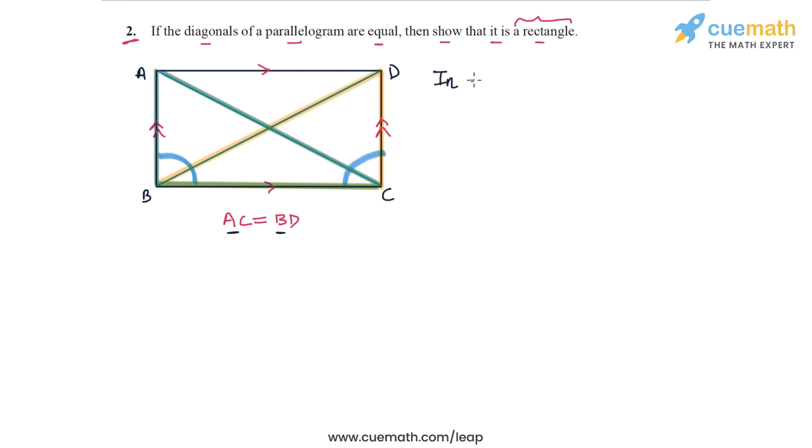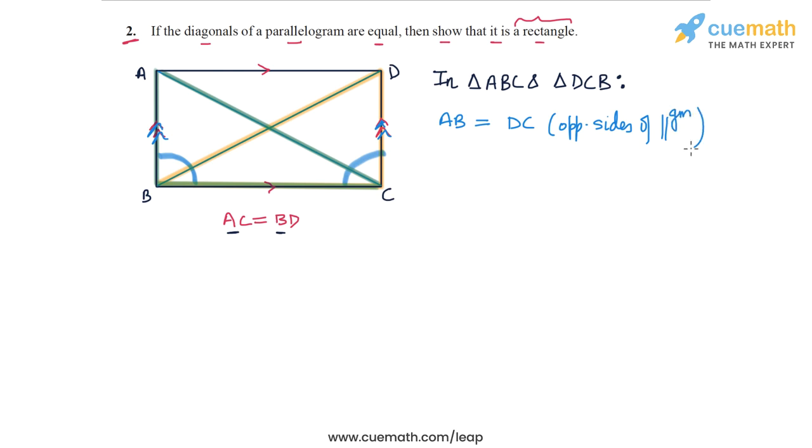So we are going to compare triangle ABC and triangle DCB, and we're going to try and prove that these two triangles are congruent. Okay, so in ABC, AB is equal to DC from DCB, because AB and DC are opposite sides of a parallelogram. So let's write this reason: opposite sides of a parallelogram.